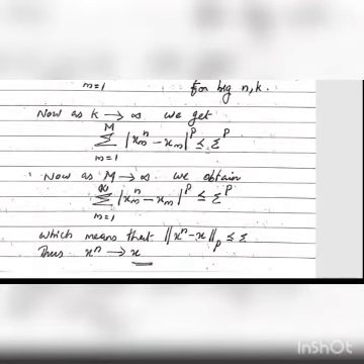Now as M tends to infinity, we obtain the sum from m equal to 1 to infinity of mod of x_m^n minus x_m raised to p is less than or equal to epsilon raised to p, which means that, if you raise this to 1 by p, this becomes the norm of x_n minus x, since this is the sequence x_n. So the p-norm of x_n minus x is less than or equal to epsilon. Thus x_n converges to x.